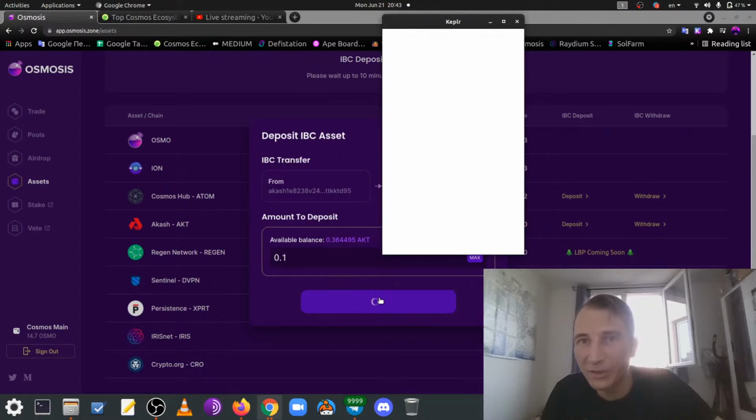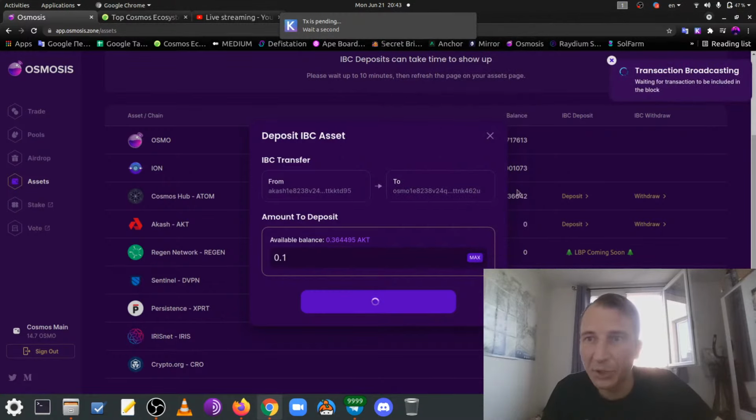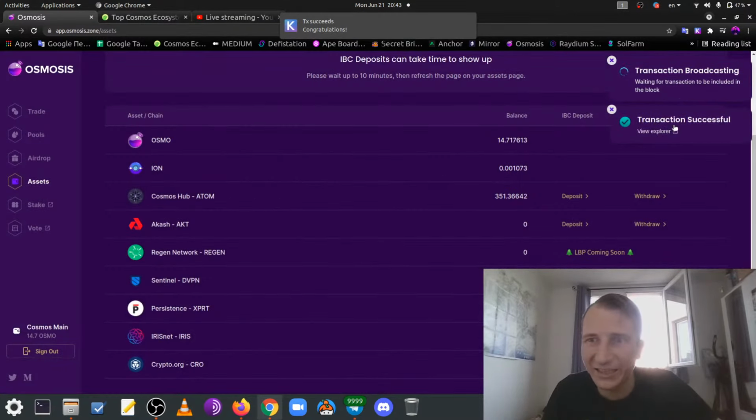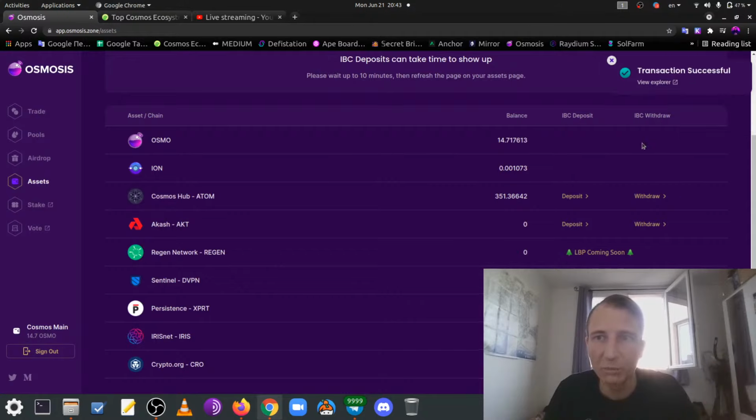The same procedure, Osmosis connected with Keplr, we choose average commission, accepted, waiting for the transaction, and as you can see, it takes some seconds. Amazing. This is how the internet of blockchains will work, and this is just the beginning.